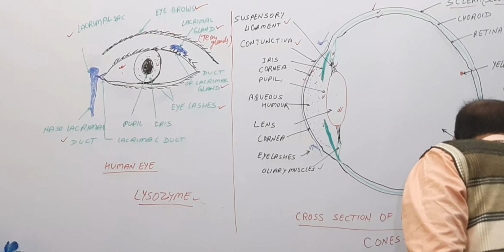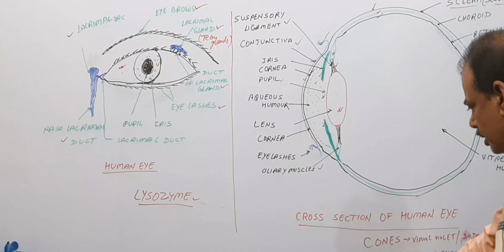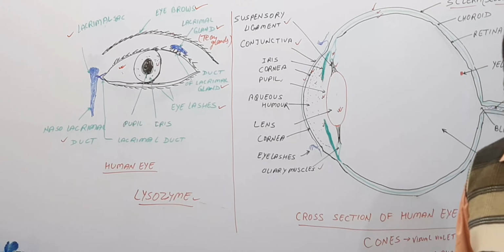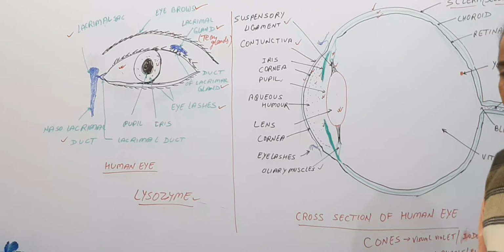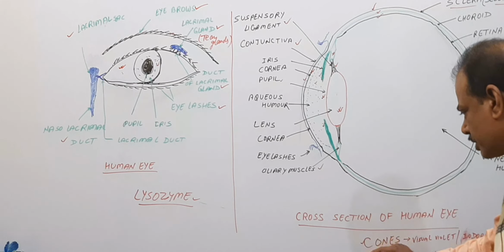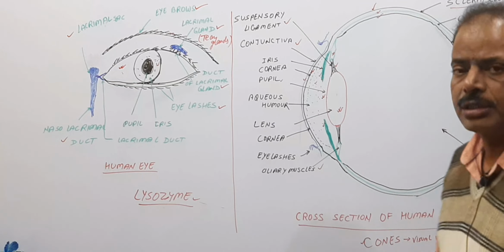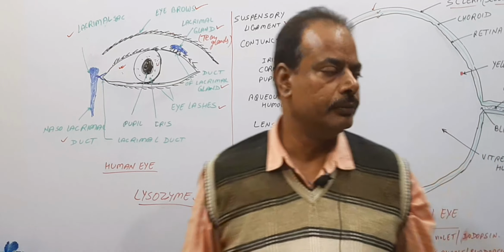So rhodopsin is the pigment present in the rods, and rods are sensitive to dim light. Cones are sensitive to bright light. Cones have visual violet or iodopsin, and rods have visual purple or rhodopsin, and it is sensitive to the dim light.